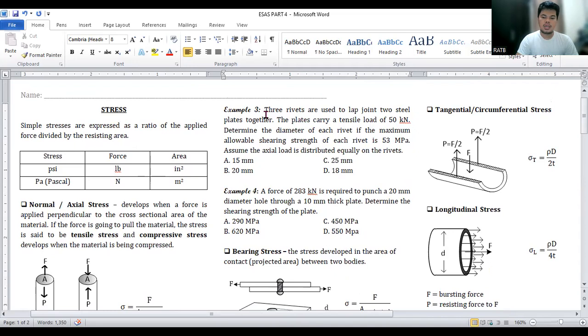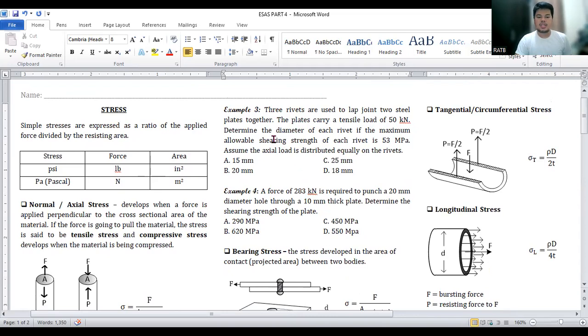In example number three, we are given examples number three and number four as sample problems for shearing stress.